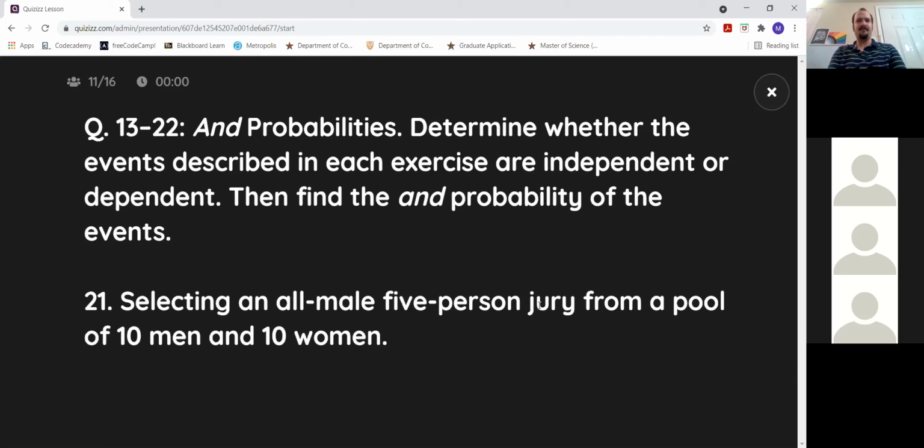If you understand how juries are formed, there's a little bit of implied knowledge here that we're doing things sequentially. You go person to person and you verify them, right? What are the odds this first person is going to be male? What are the odds the next person is going to be male? I want the first person man and the second person man and the third person man. Man, man, man, man, man.